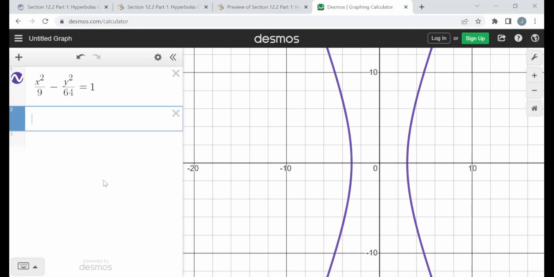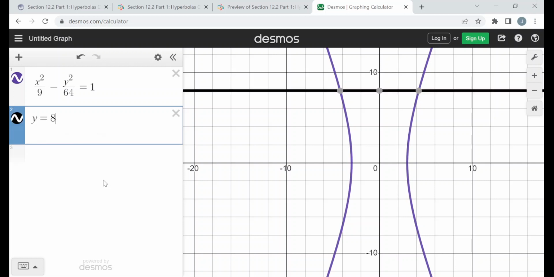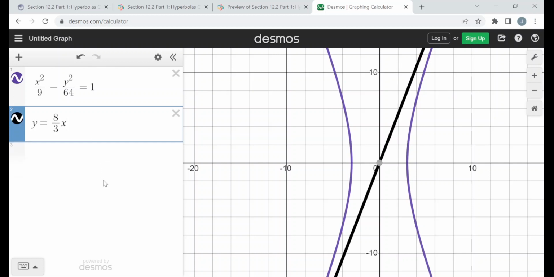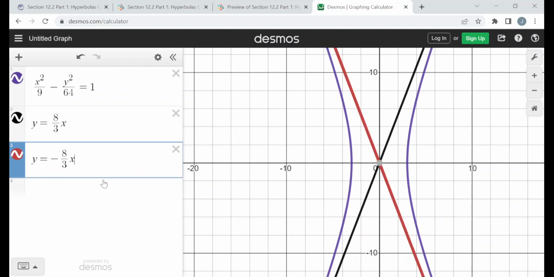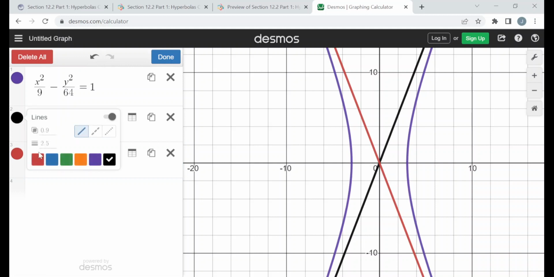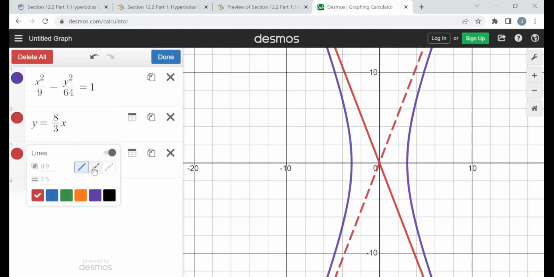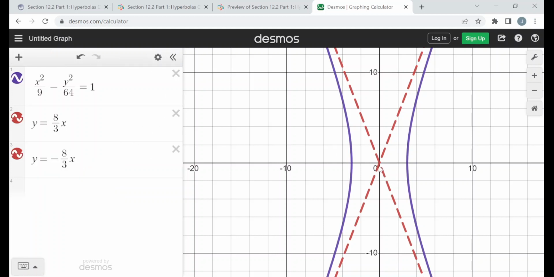And then I'll put in the asymptotes, just to make sure that the curves are approaching the asymptotes that I said they would. So y equals 8/3 x, y equals negative 8/3 x. And again, I'll make those the same color and dashed. Okay, and it looks pretty good.